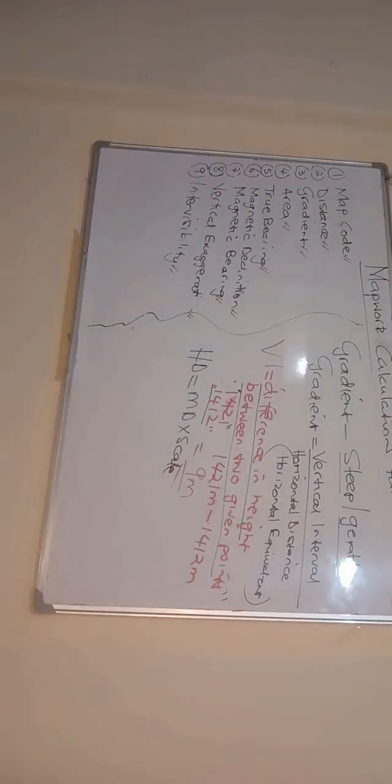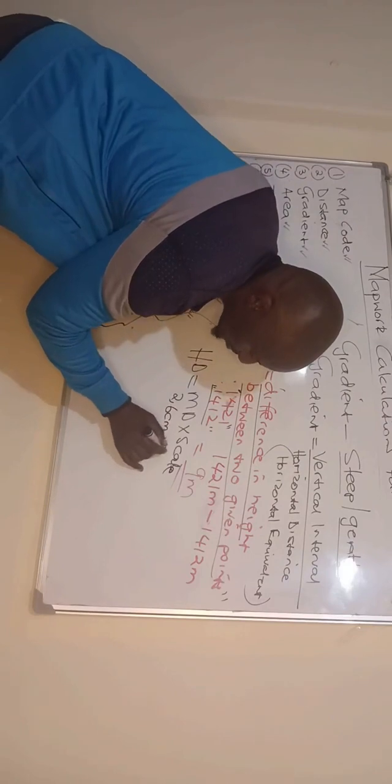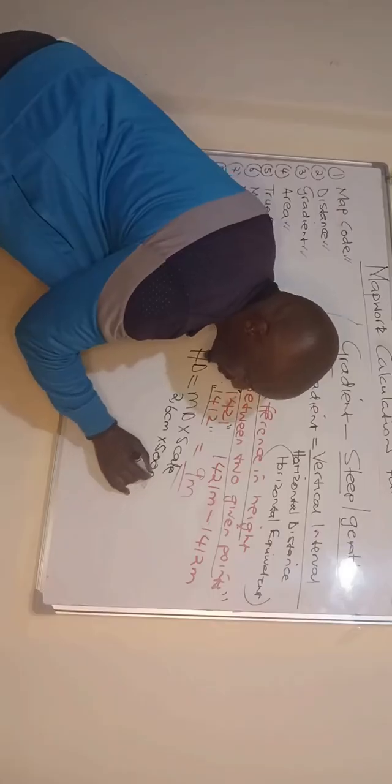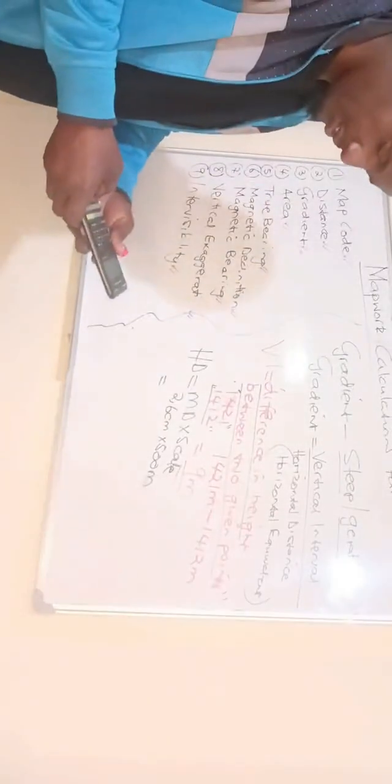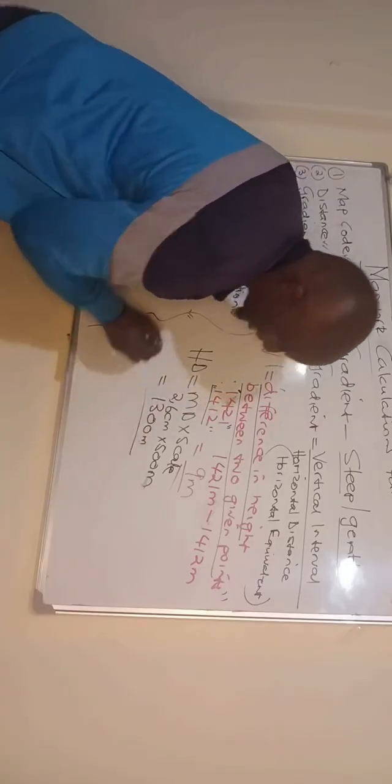We have 2.6 centimeters multiplied by, remembering that we have to use the same unit of measurement, 500. 2.6 by 500 gives us 1,300. That's 1,300 meters. Are we together?